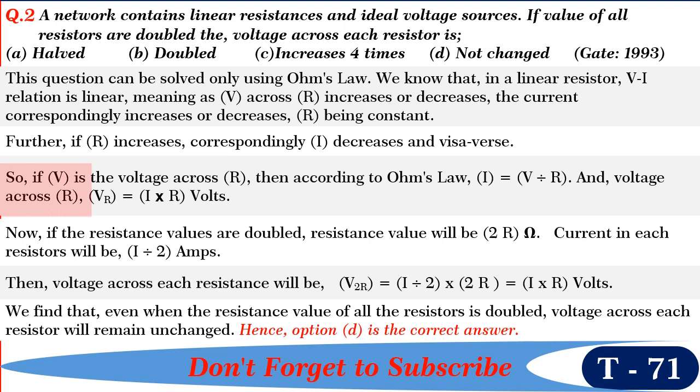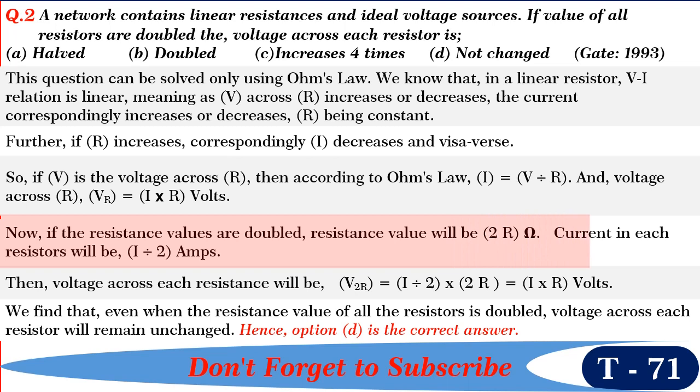So, if V is the voltage across R, then according to Ohm's law, I is equal to V divided by R, and voltage across R, VR is equal to I into R volts. Now, if the resistor values are doubled, resistance value will be 2 times R ohms.